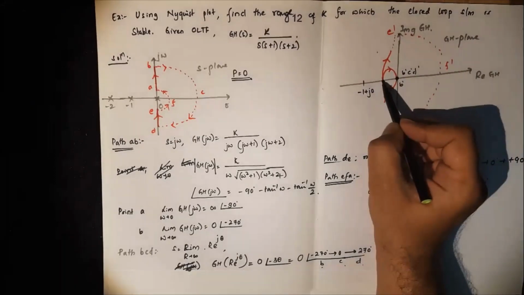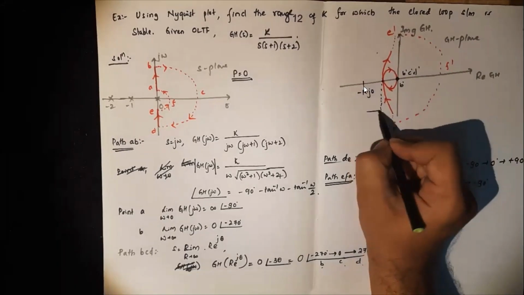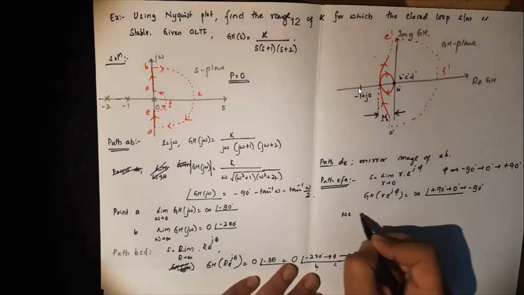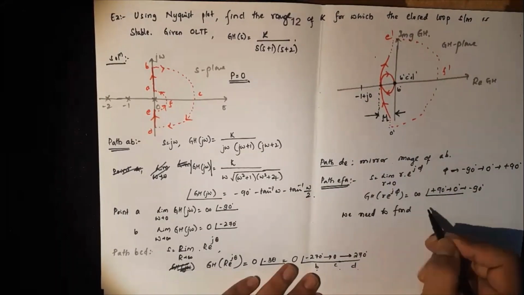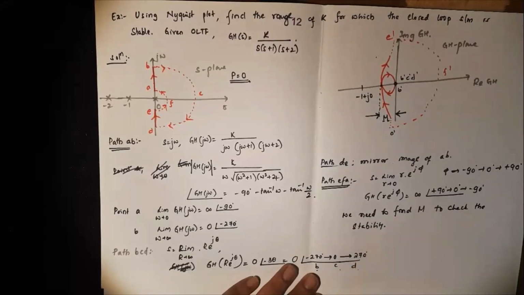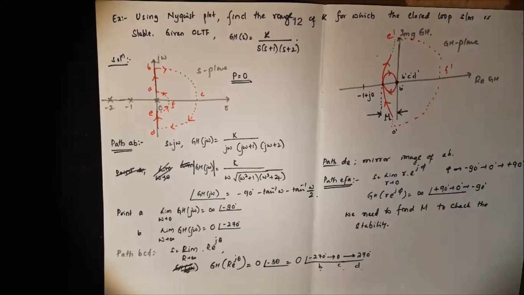So next the question is whether it is encircling minus 1 or not. So for that we need to find M. So how to find M?